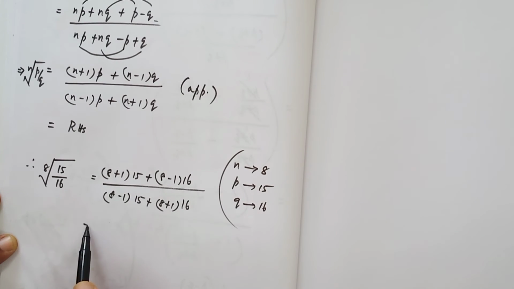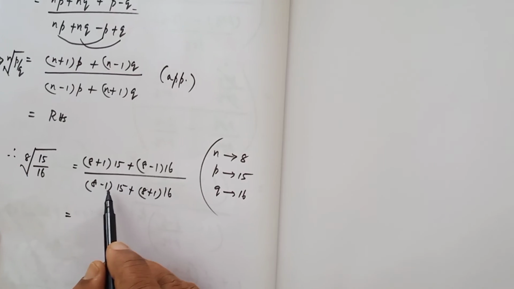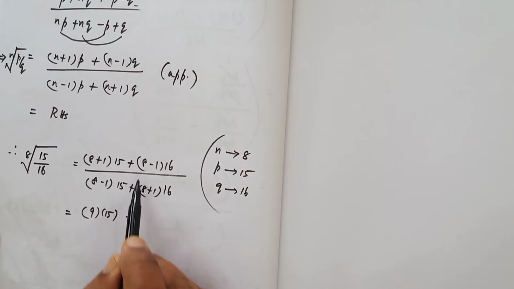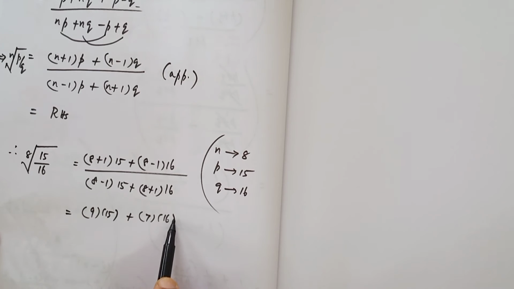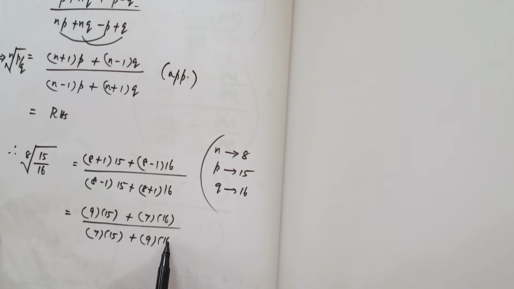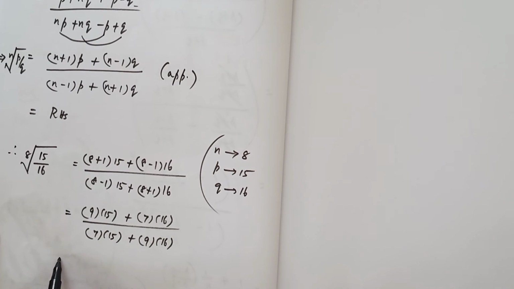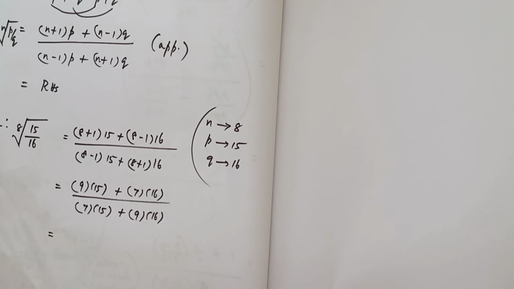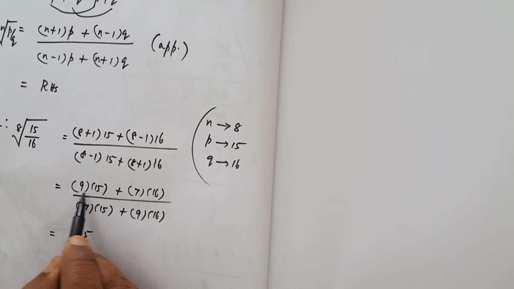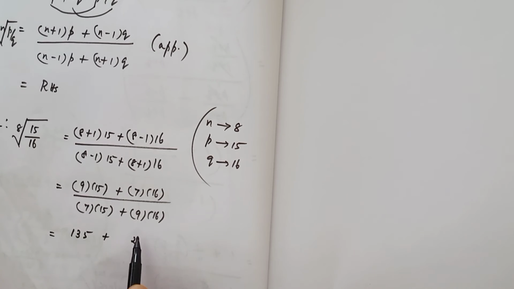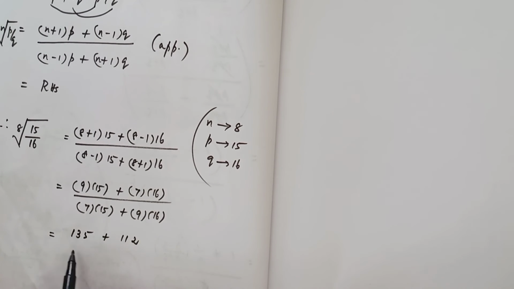Equals 8 plus 1 is 9, 9 into 15, 8 minus 1 is 7 into 16, divided by 7 into 15, 8 plus 1 is 9 into 16, equals 9 into 15. 9 5s are 45, 9 1s are 9 plus 4, 13, plus 7 6s are 42, balance 4, 7 1s are 7 plus 4, 11.